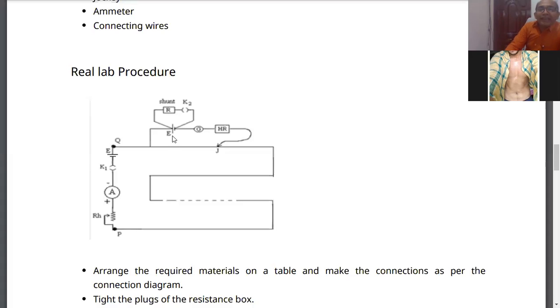Now the Leclanché cell, whose internal resistance has to be measured, is to be connected. How? Here, try to understand.